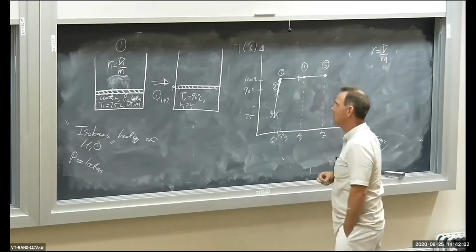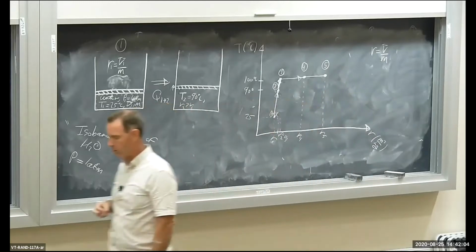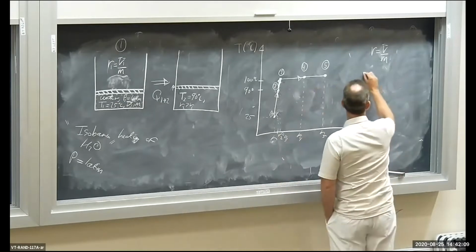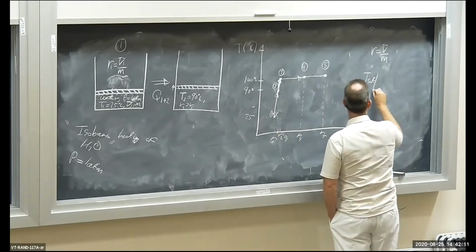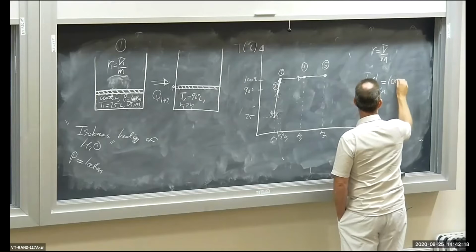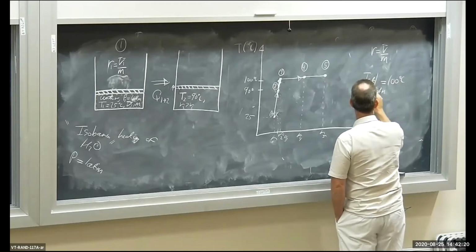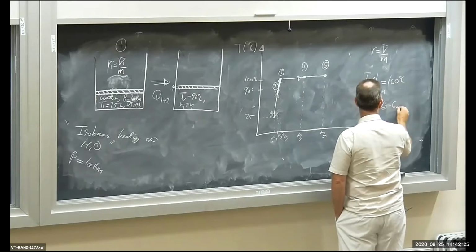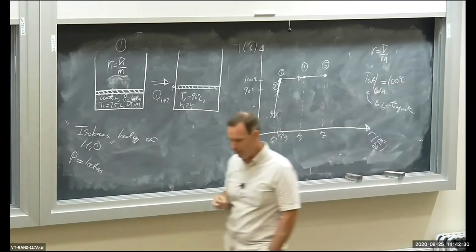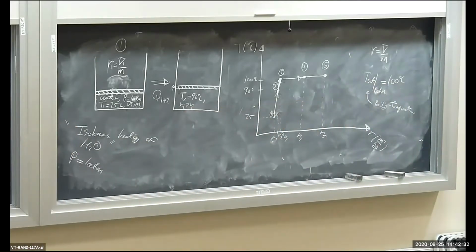And we're still at T sat, 100 degrees C. T sat at 1 atmosphere is 100 degrees C. And what I mean by that is boiling temperature. Boiling temperature, 1 atmosphere, 100 degrees C by definition, okay?